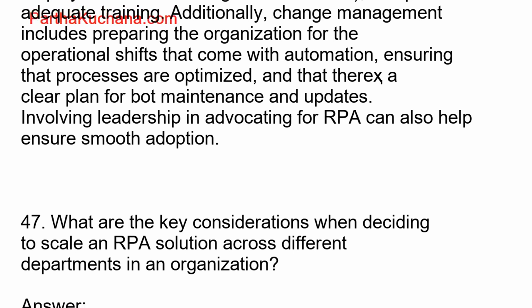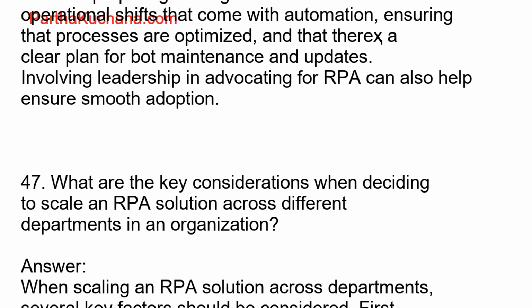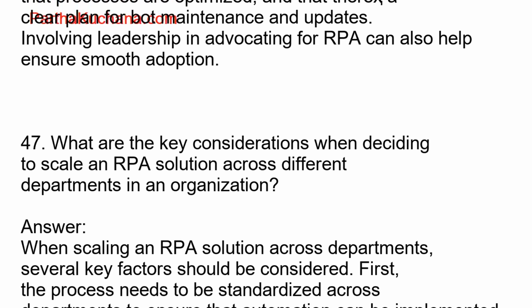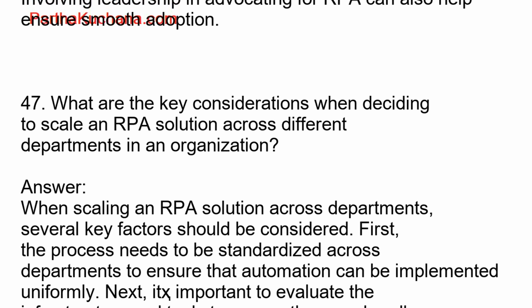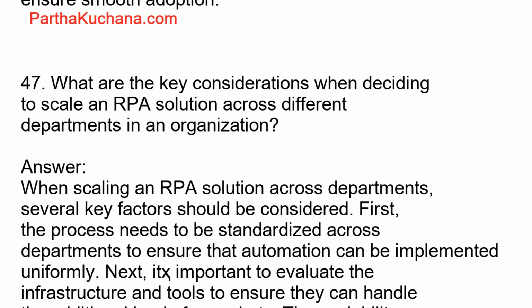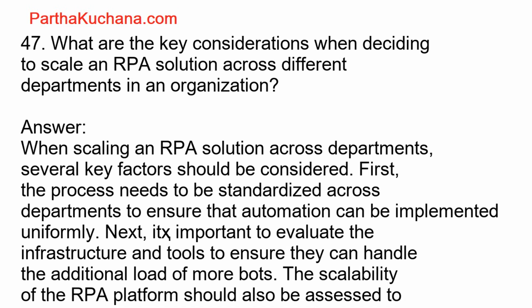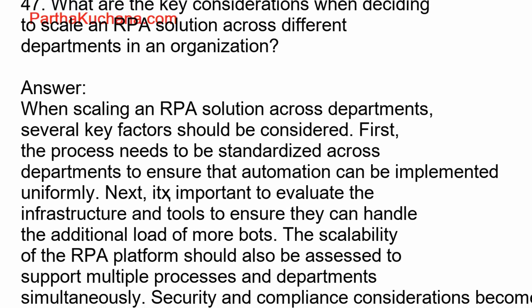This could involve updating selectors, changing the logic to match the new user interface, or reconfiguring the automation to adapt to new features or layouts in the application. It's also a good practice to test bots in a staging environment before a full application update to prevent downtime in production. 49. How do you maintain bot performance over time, especially as applications and processes evolve?